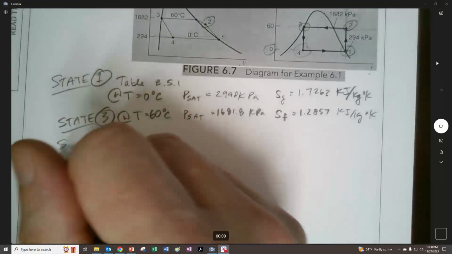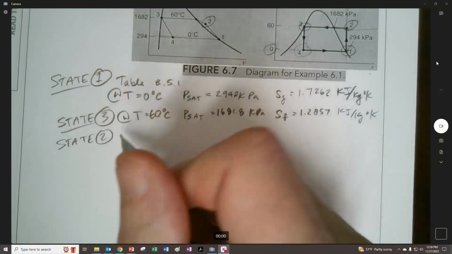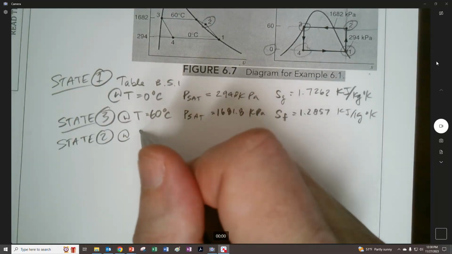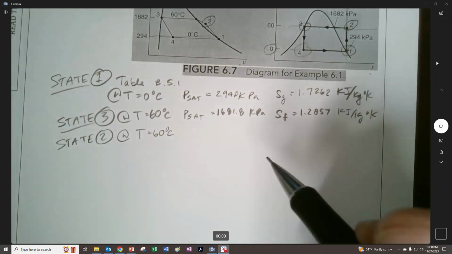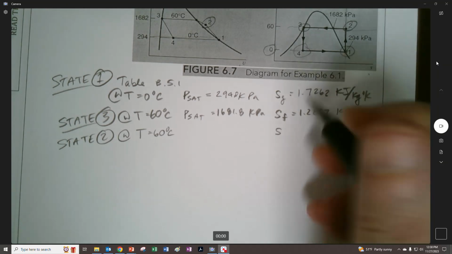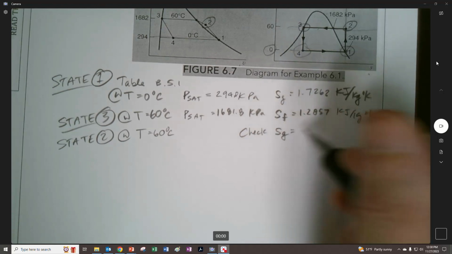Now let's just check state 2. This is the same thing, so this is still right here. We have all of that. We also have the SG, so we're just going to check the SG right here.